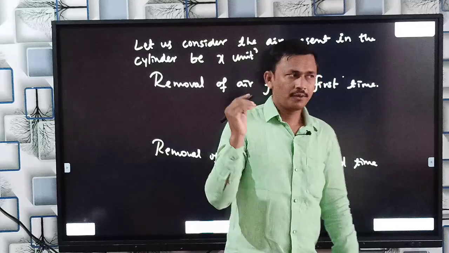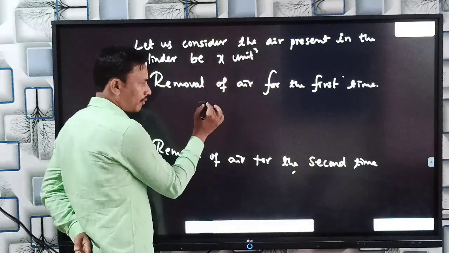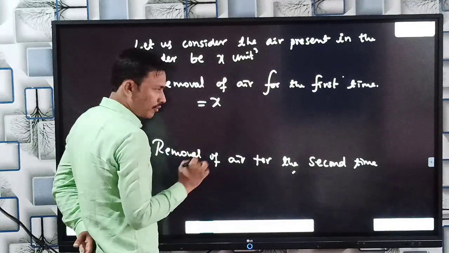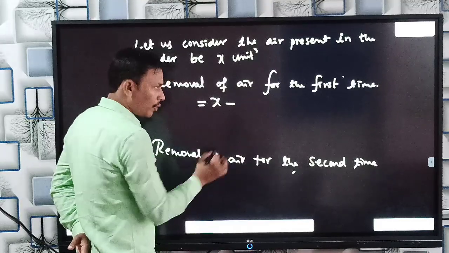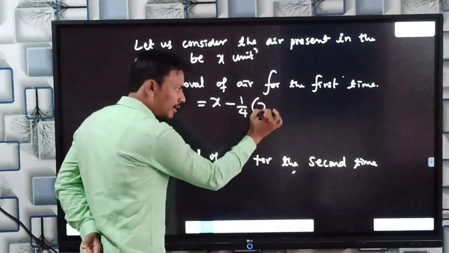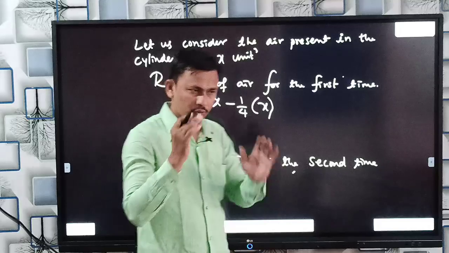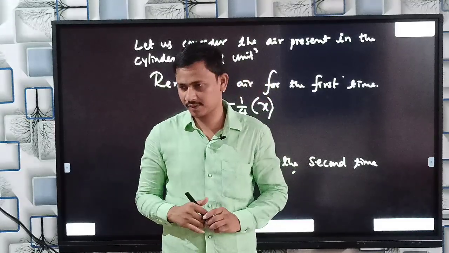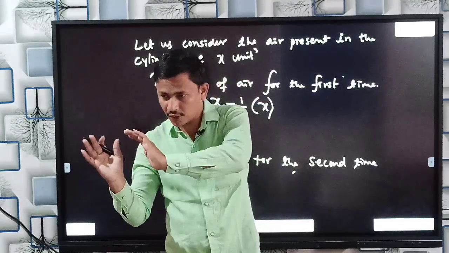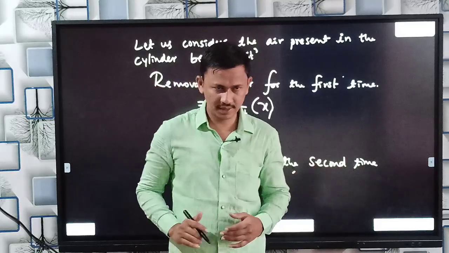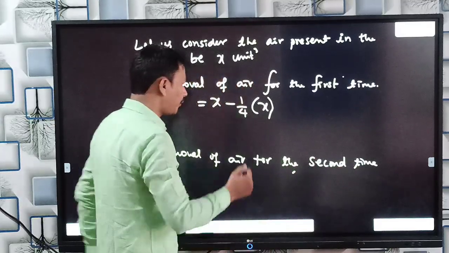That means what? What is the total volume here? x. What we need to remove? 1/4 of the x, total volume. Subtract 1/4 of the total volume. Understood? 1/4 of the total volume.